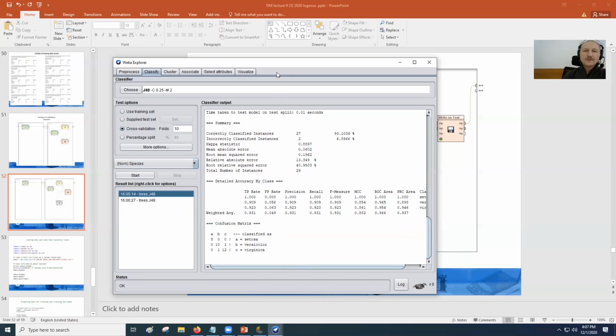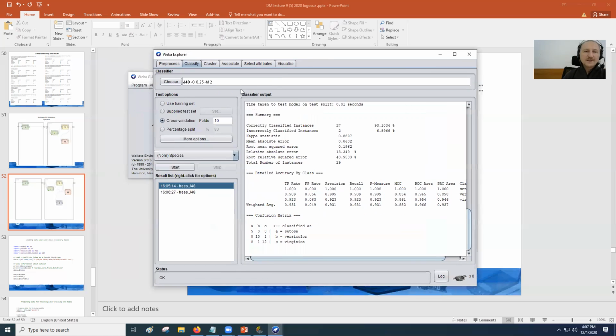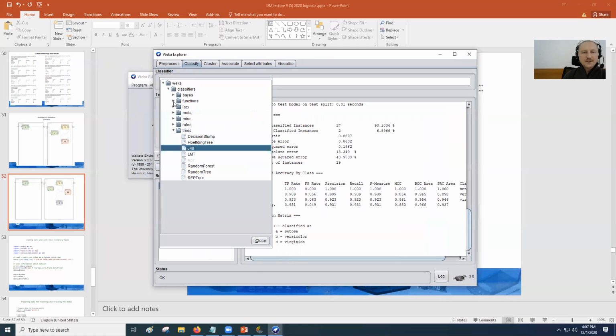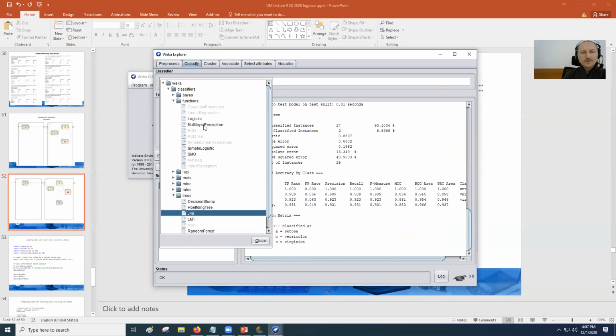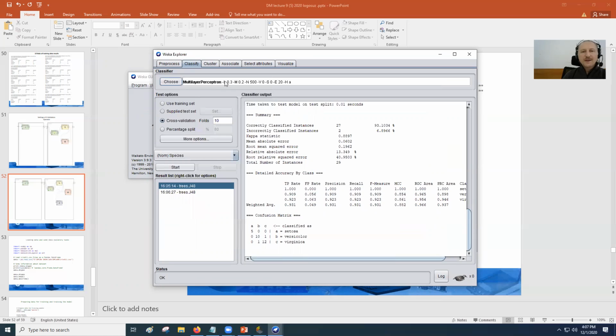Also, we mentioned that some algorithms use a validation dataset. For example, if we choose, instead of a decision tree, the multilayer perceptron, which is one type of neural network model, first of all let's use 10-fold cross-validation.